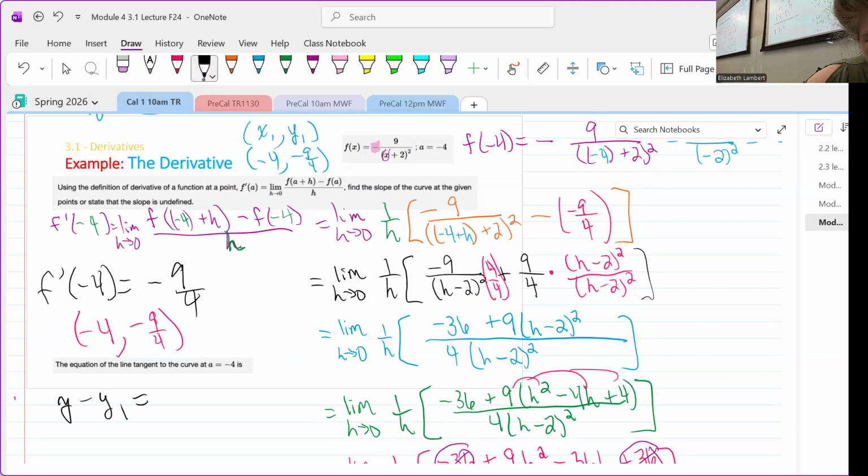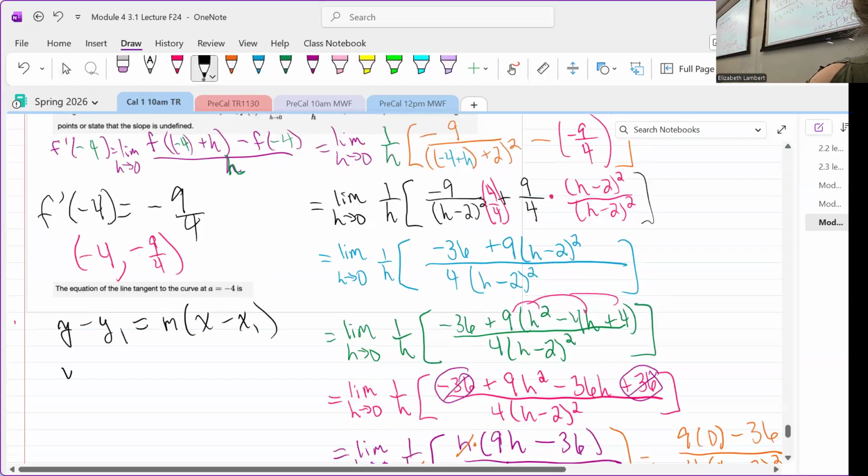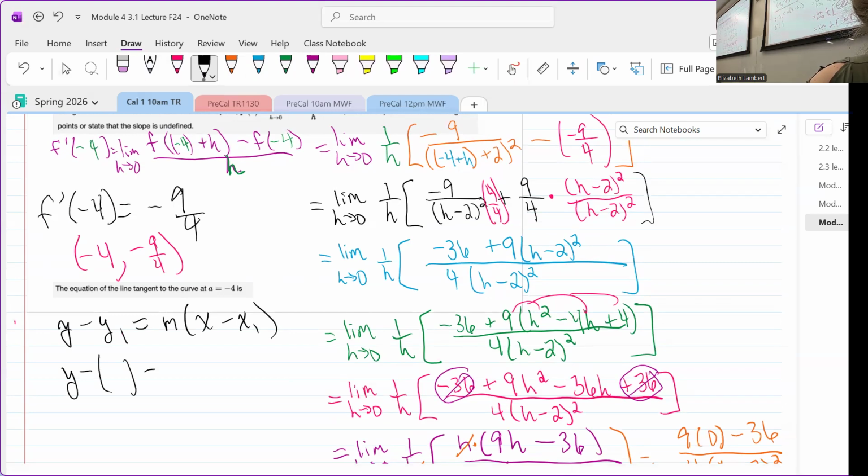So y minus y1 equals m times x minus x1. So y minus thing equals slope times x minus thing. So our y1 is -9/4. Our x1 is -4. And the slope of our tangent line is -9/4.